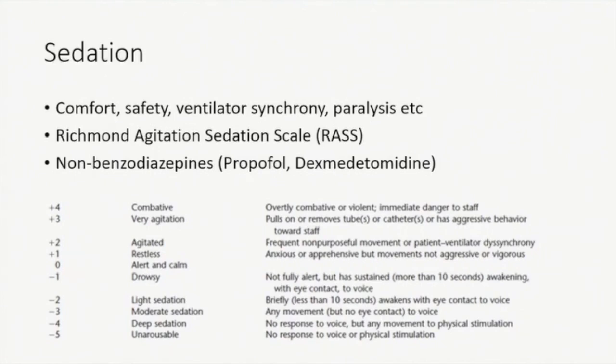However, usually for ICU patients in general, we prefer not to deeply sedate them. There is the RASS, or Richmond Agitation Sedation Scale, that you can see here below, and we generally try our best to aim for a RASS score of about 0 to -2. Ideally they should be alert and calm, if not then lightly sedated.